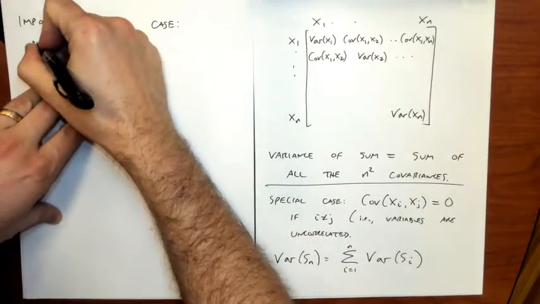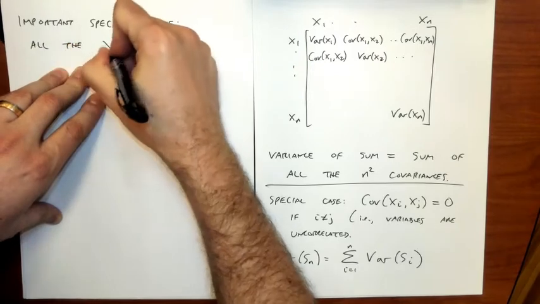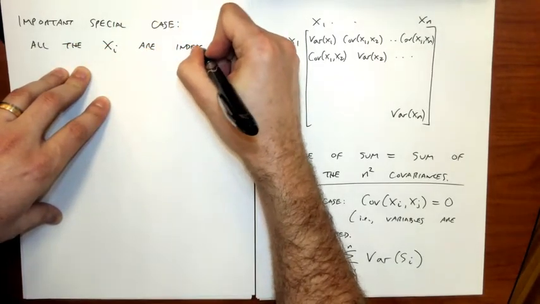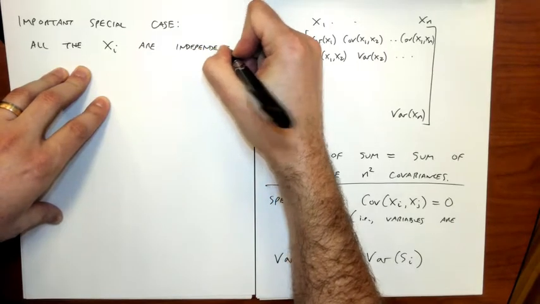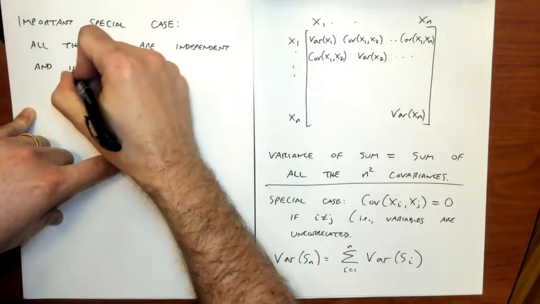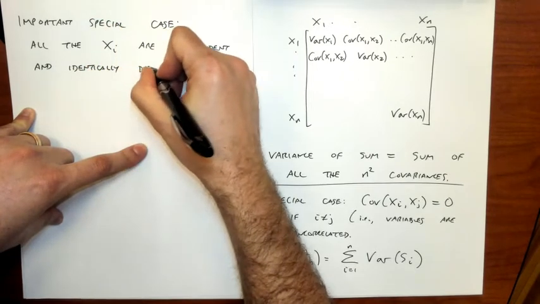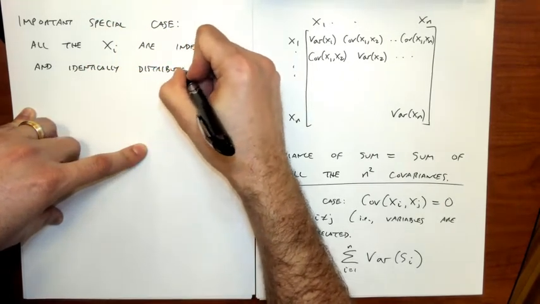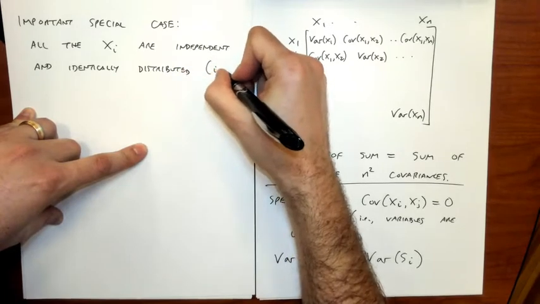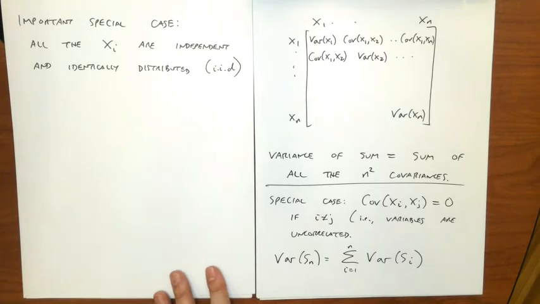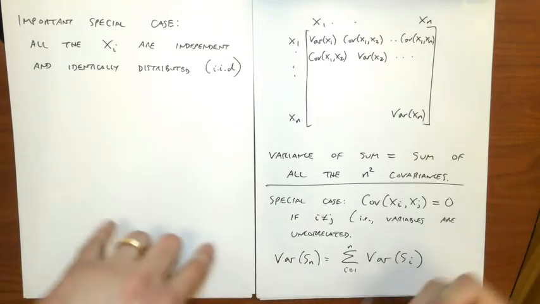All the xi are independent and identically distributed, which means they have the same PDF. We abbreviate this as IID, so from now on you'll see me saying IID, and that's what it means.